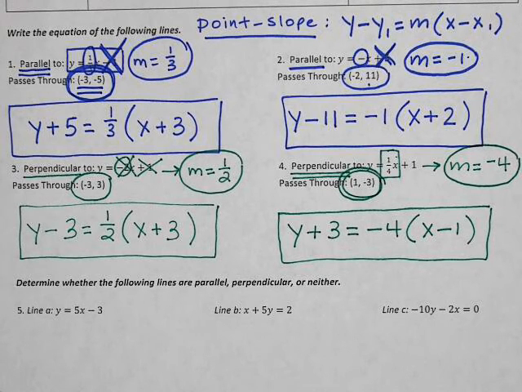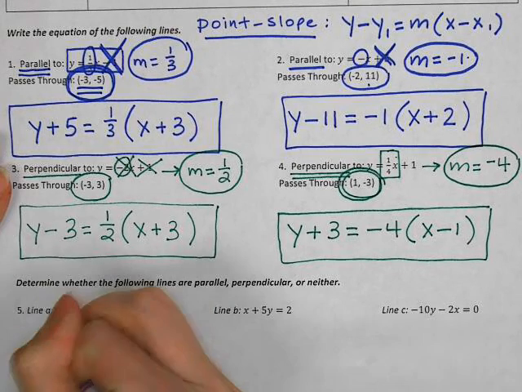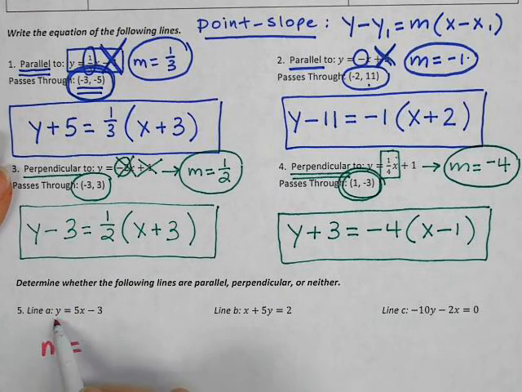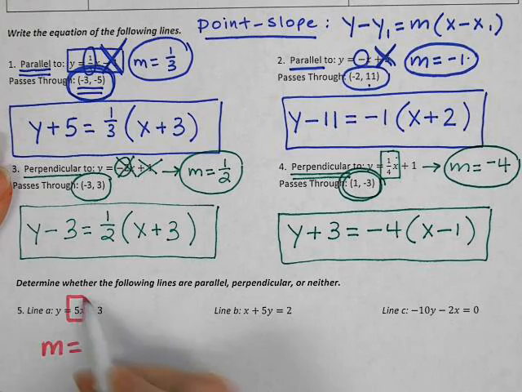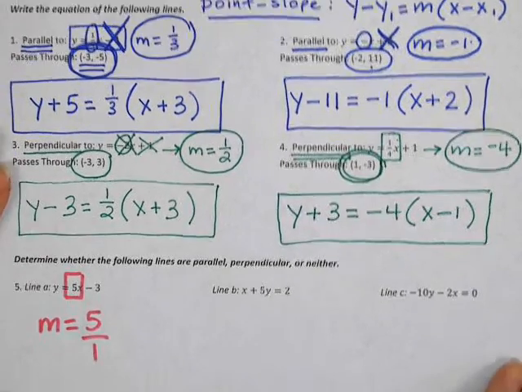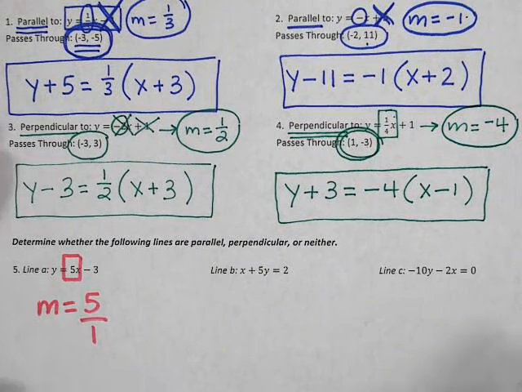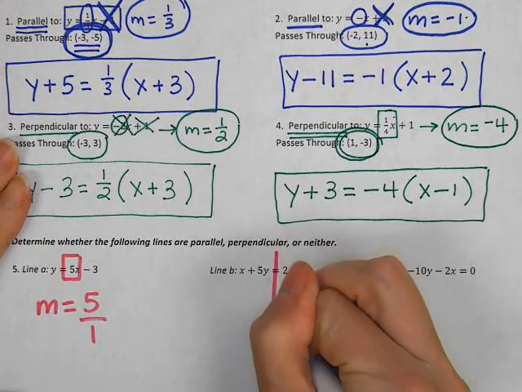Okay, and lastly, we want you to say, are the lines parallel, perpendicular, or neither? So all we need to look at is the slope. So what is the slope of line A? Well, this is in y equals mx plus b form, so we know the slope is 5. Or 5/1, whatever you like better. Now line B we can't tell yet because we have to get y alone.